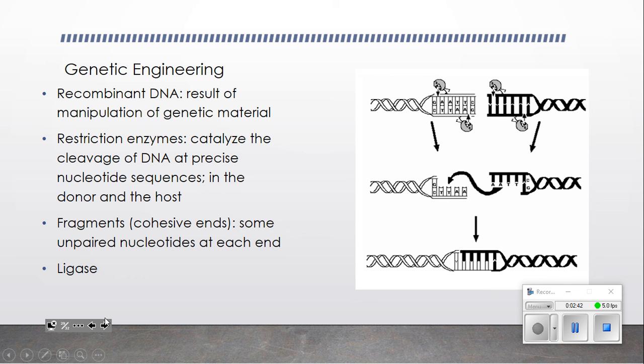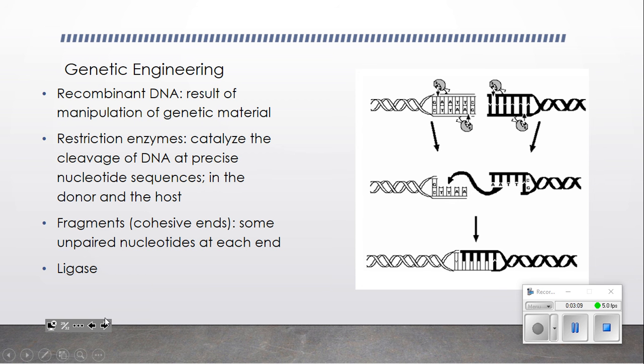They don't have feet or eyes or teeth in real life. This is just for the purposes of humor. But the restriction enzymes, as you can see, will come along and cut, where the arrows are, precise locations on a DNA double helix. There is a white and a black side of the diagram to represent that we're looking at two chunks of DNA.